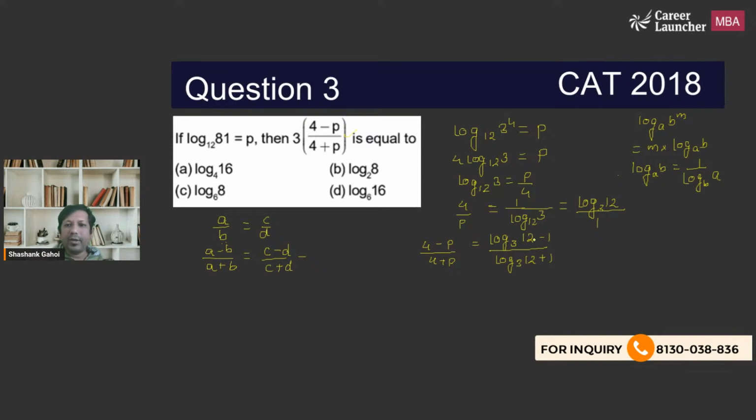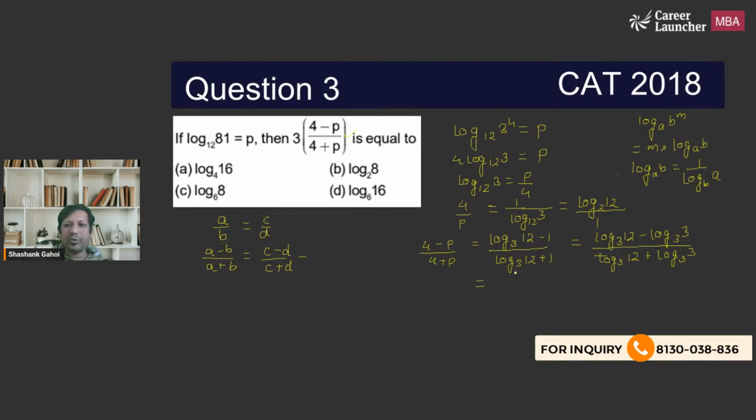Now on the right hand side, 1 is log base 3 3. So what I will be getting is log base 3 12 minus log base 3 3 upon log base 3 12 plus log base 3 3.